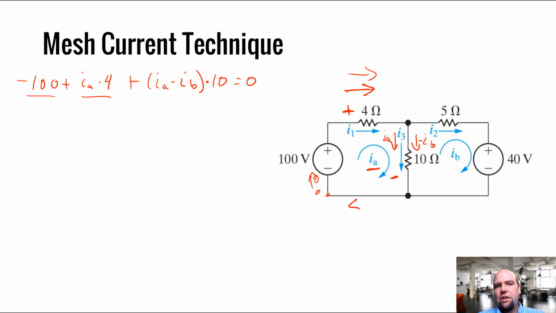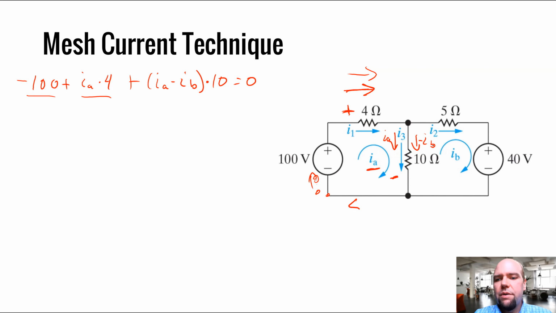You kind of just have to think about it several different ways until there's one that you prefer. I like to think about it as IA is the current flowing down, IB is the current flowing up, and I want the current flowing down so I can use V equals IR. And yeah, so that's the way it is.